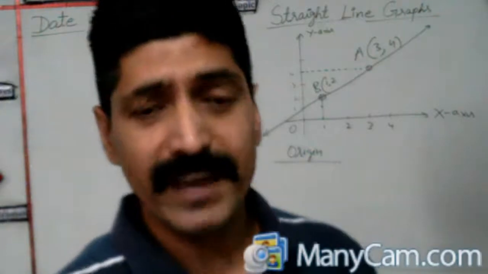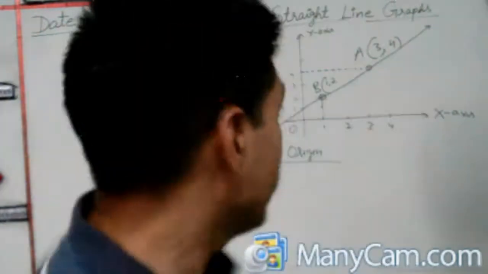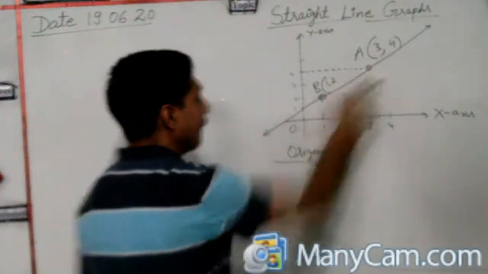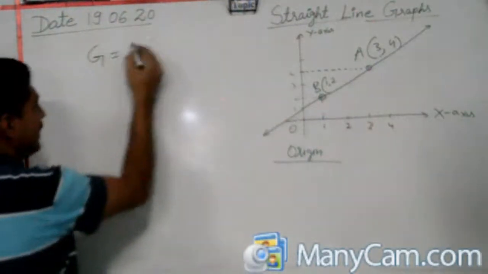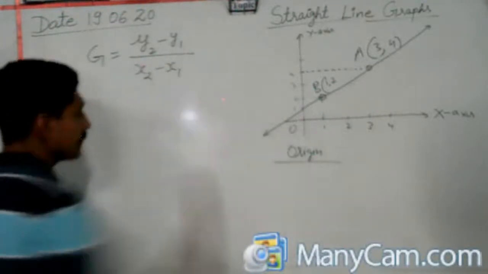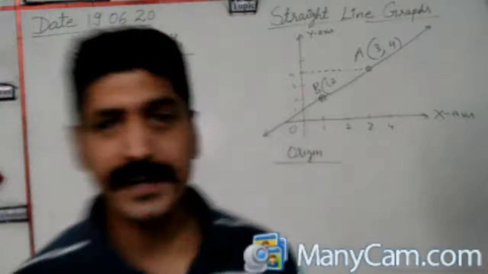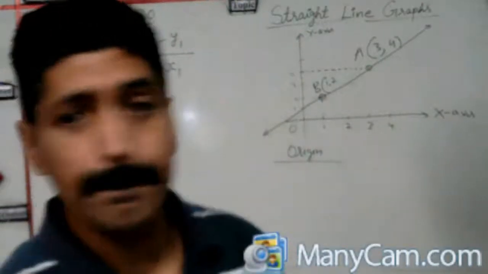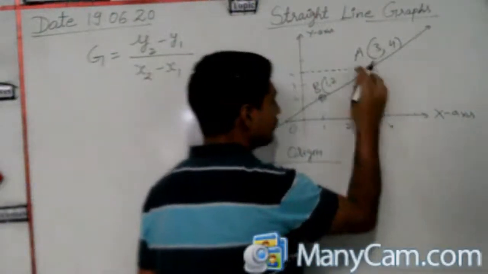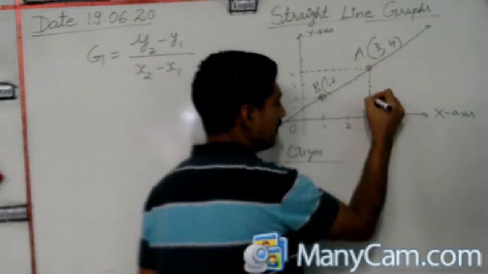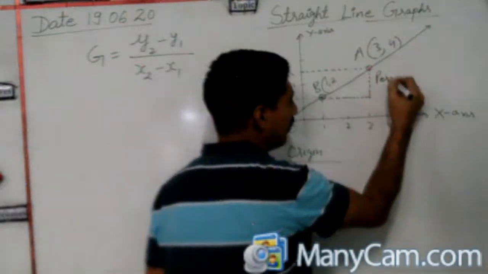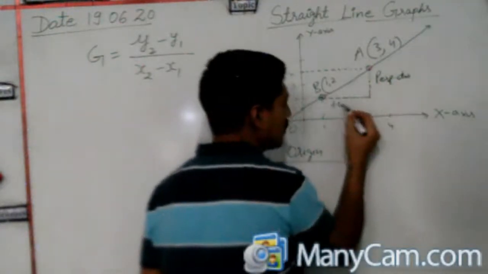Now we have discussed the gradient. The gradient of the line can be found, which we have already discussed. Gradient is y2 minus y1 upon x2 minus x1. What does it mean? Gradient means the perpendicular distance between these 2 points divided by the horizontal distance.